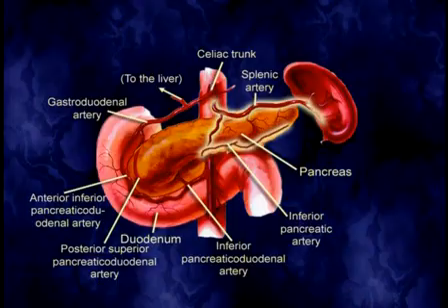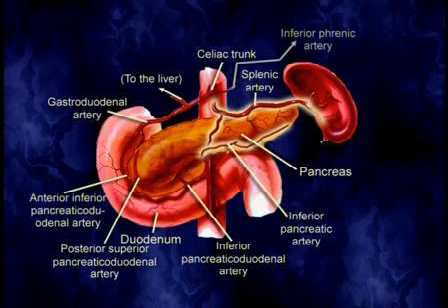Very big, very important artery. And just to remember where you are, when we looked at the adrenals, we saw the inferior phrenic artery go up and give extra blood supply to the adrenals. So this is the physical position of the pancreas, a very well-protected organ, and its very, very extensive blood supply.